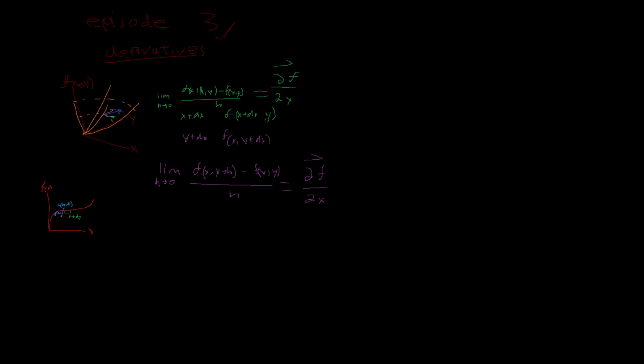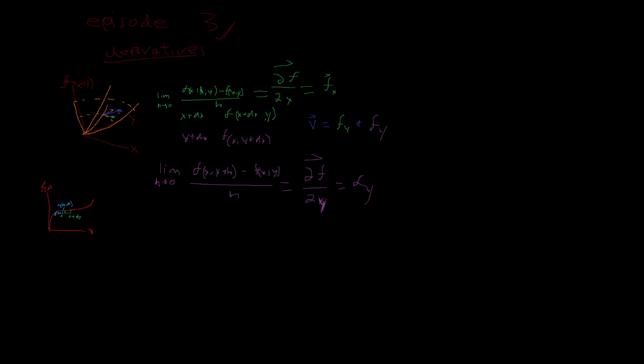So what happens when we combine them? We have some vector v, which is equal to the partial in x plus the partial in y.